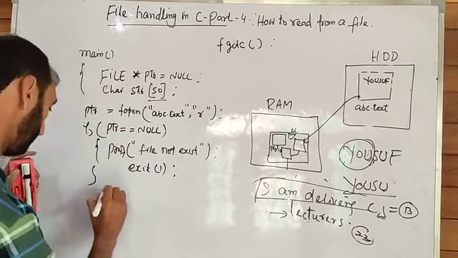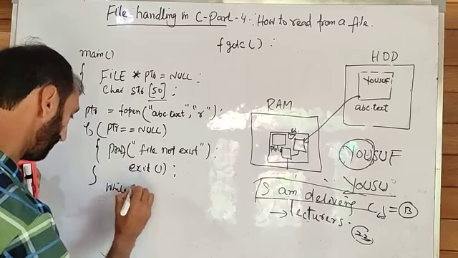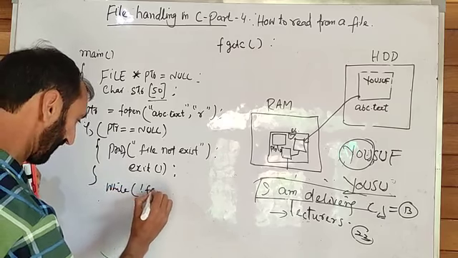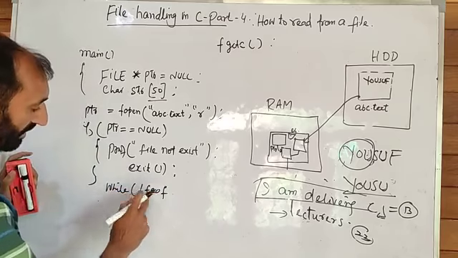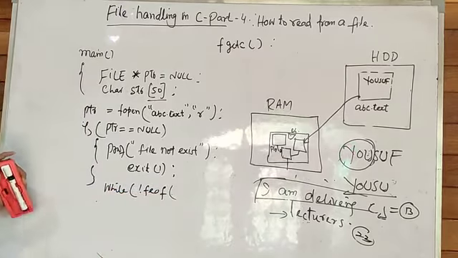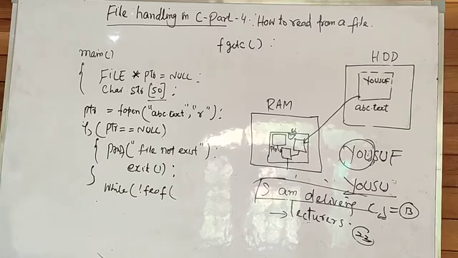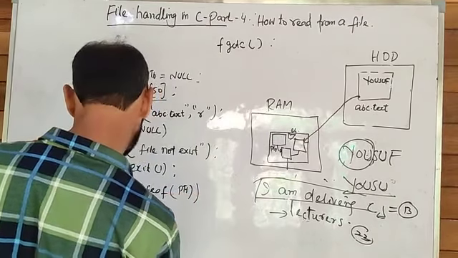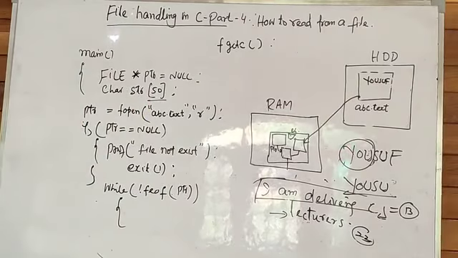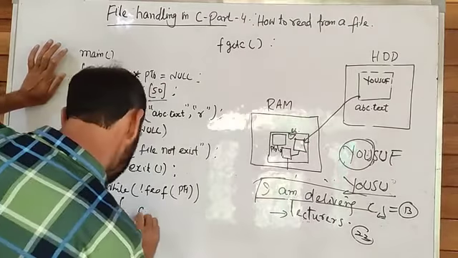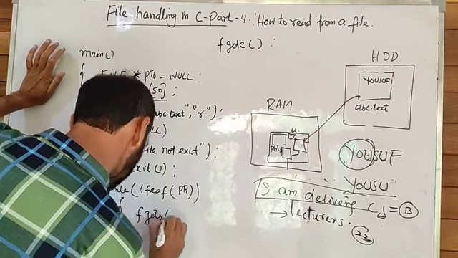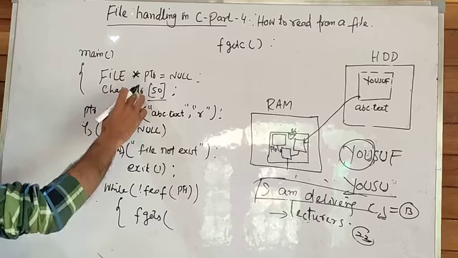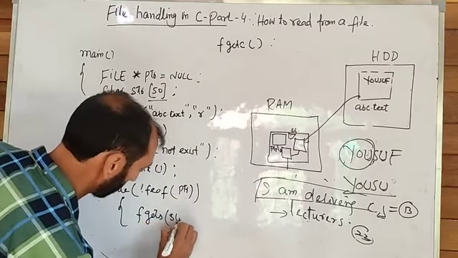While not end of file, and here the file pointer, which is ptr. Now you write fgets. First, I have to write the name of the string, that is str.